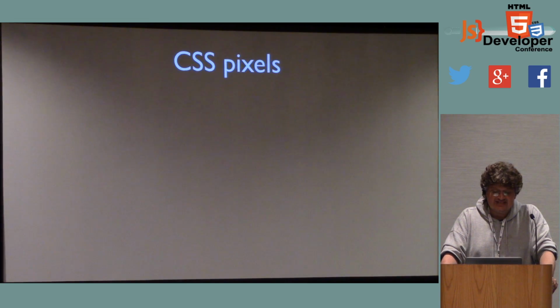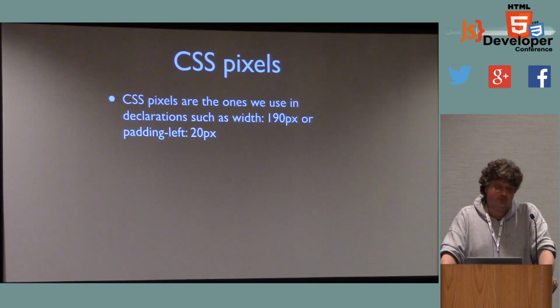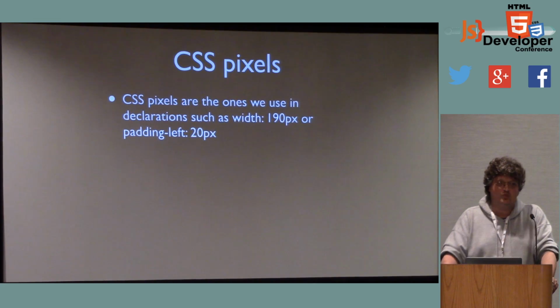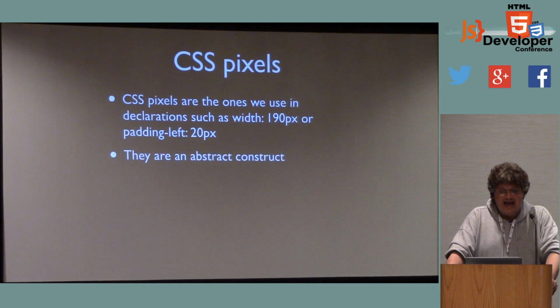Because a CSS pixel is, as the name suggests, the sort of pixels that you use in your CSS. If you say width equals 190 pixels, padding left 20 pixels, font size 16 pixels, whatever, you are already using CSS pixels. And you should see them as an abstract construct layer that's built on top of the actual device screen, and that's meant to make your life easier.